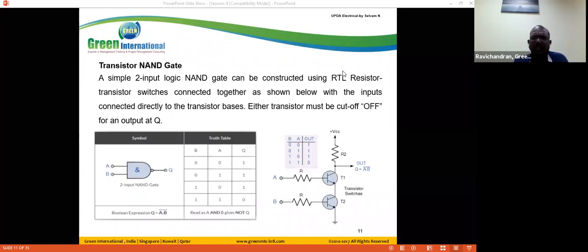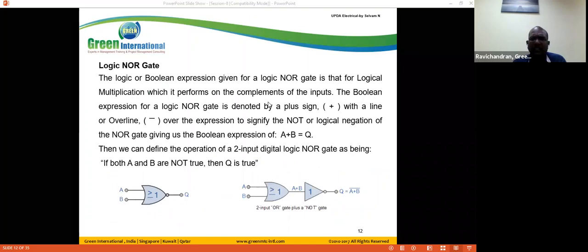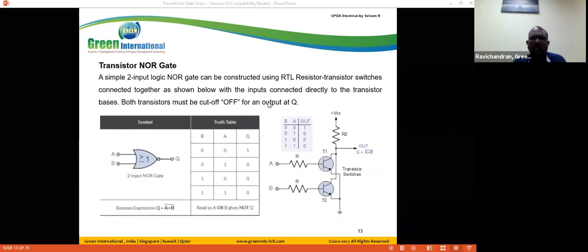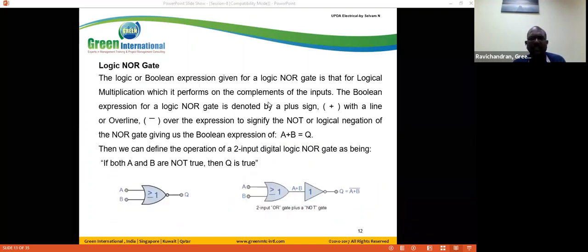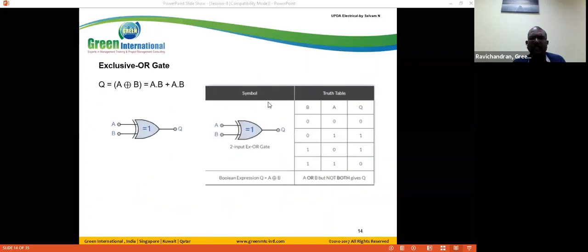Two transistor logic circuit for that transistor, NAND gate. So we call it a NOR gate. So exclusive OR, just read this value. The exclusive OR gate is used for the adder.